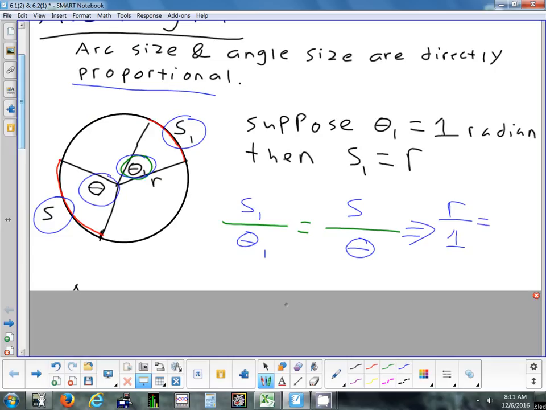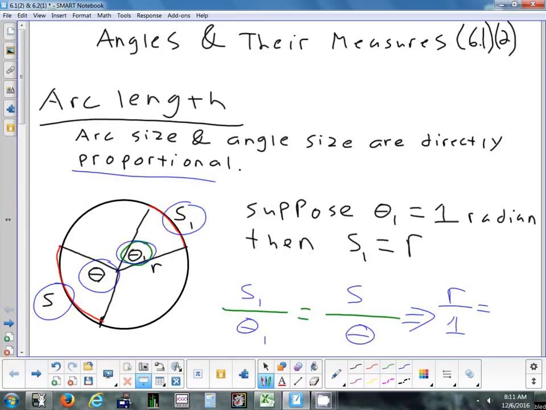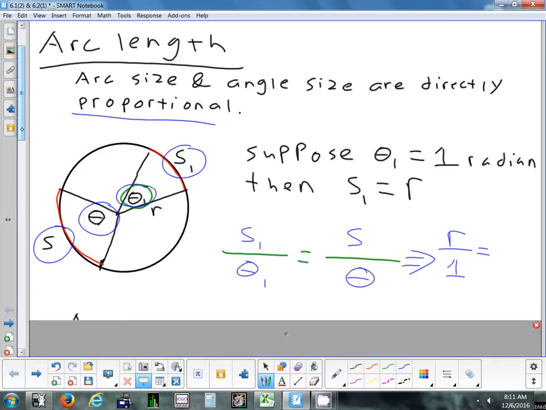That's your starting fact. Now on the right-hand side, we're going to leave both of these blank because we don't know what we're plugging in, so just leave them as variables: S over theta.